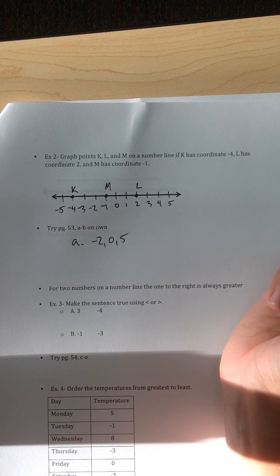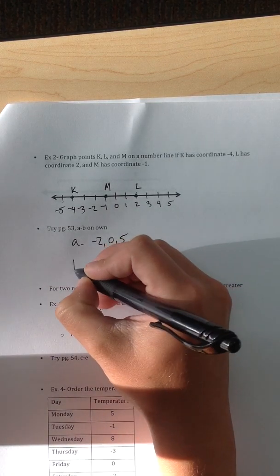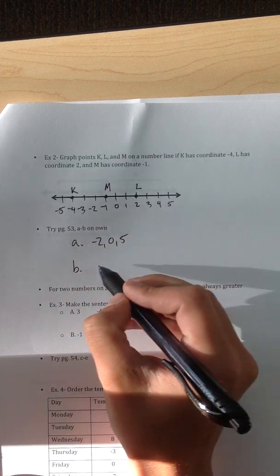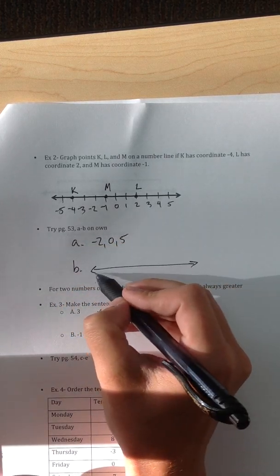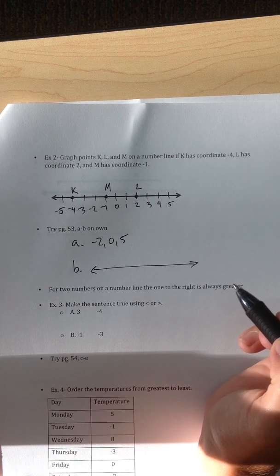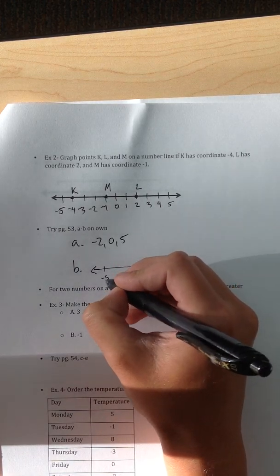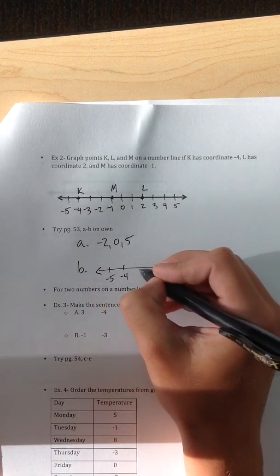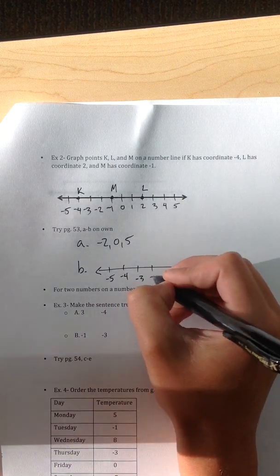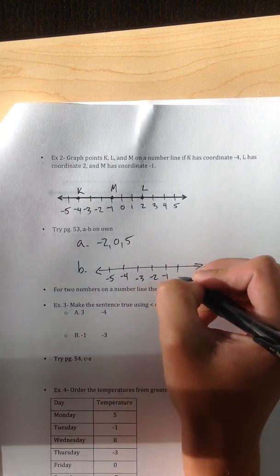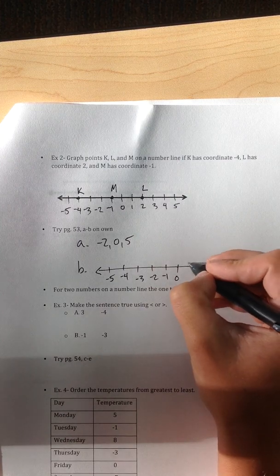And then for B, they've got a number line there, something like that. Looks like they've got -5, -4, -3, -2, -1, 0, 1.